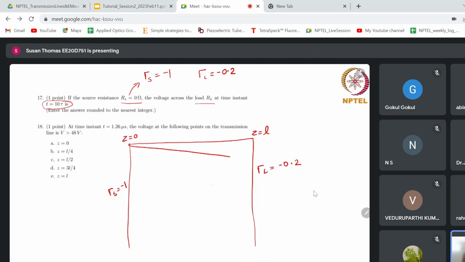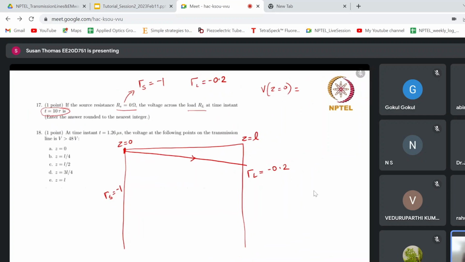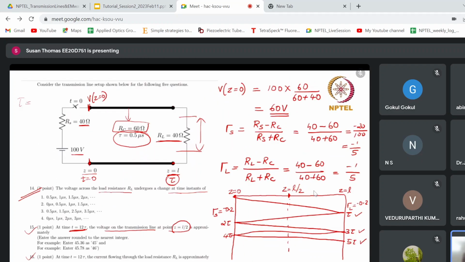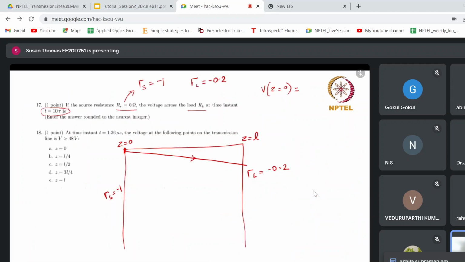Can you tell me what will be the voltage at Z equal to 0? Now Rs is not present.